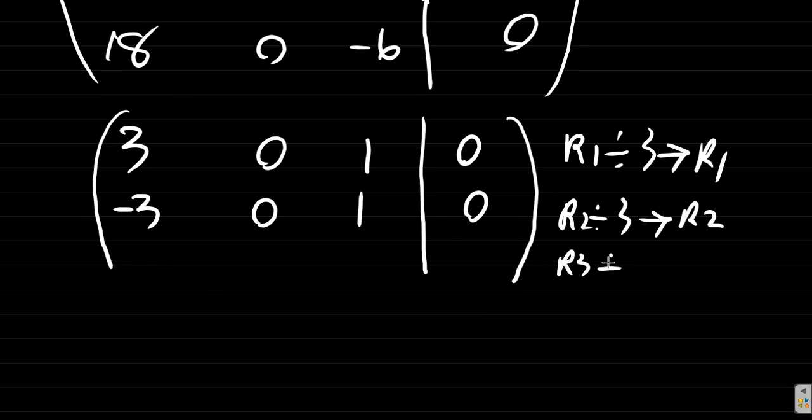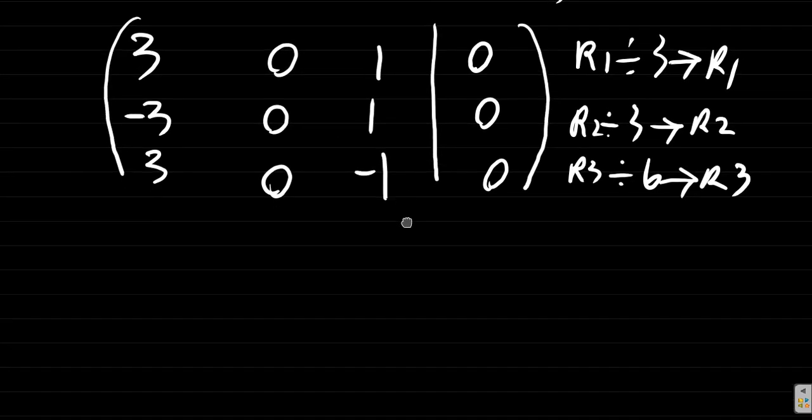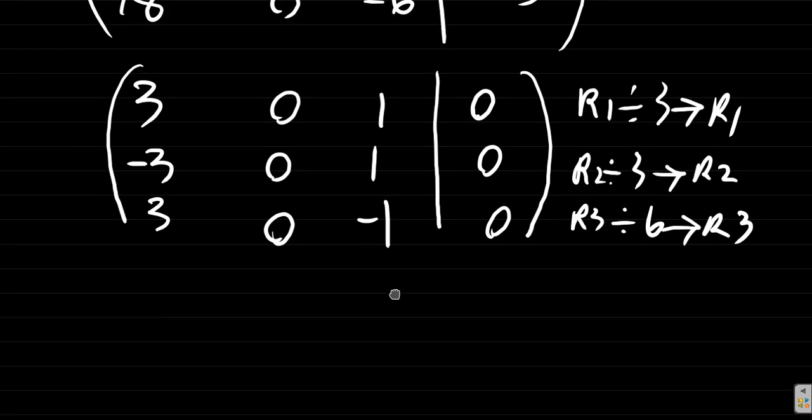Row 3 divided by 6 gives us our new row 3. So 18 over 6 is 3, 0 over 6 is 0, negative 6 over 6 is negative 1, 0 over 6 is 0. So we have these.